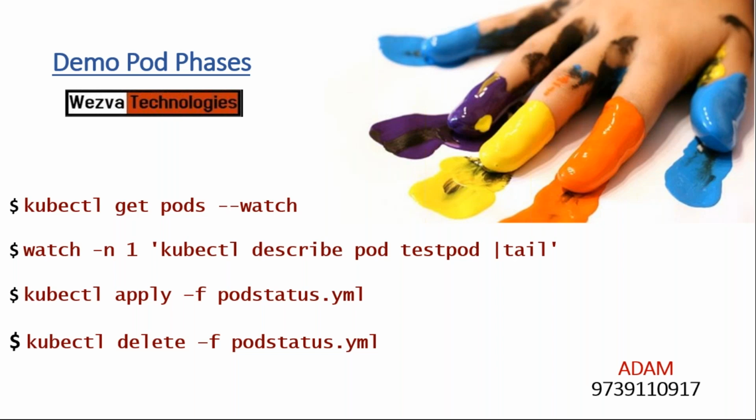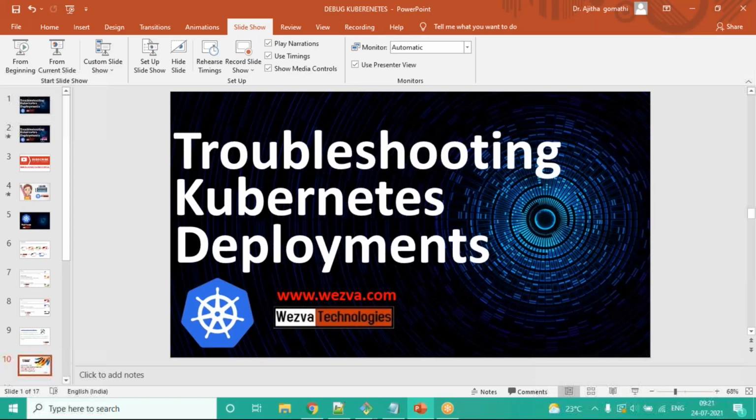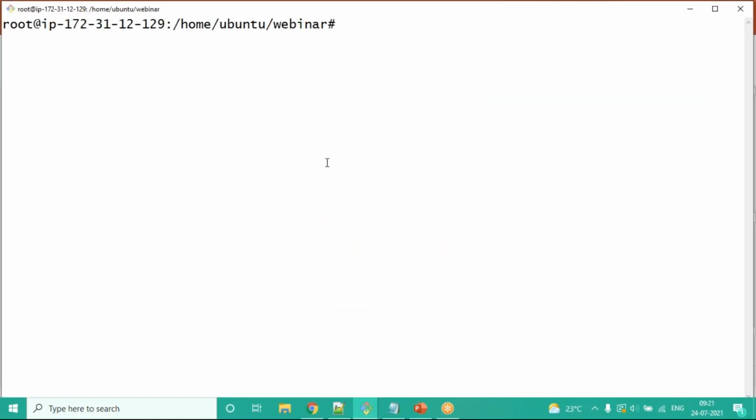I have a default Kubernetes manifest file that I have written, which will have just a single pod to run. So we'll quickly try to run this and see how it is going to look. Okay, so let me connect. So this is my Kubernetes Minikube cluster.